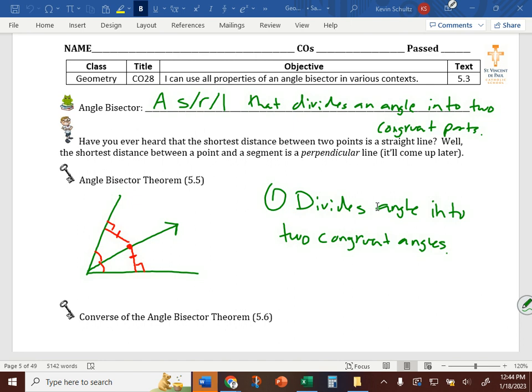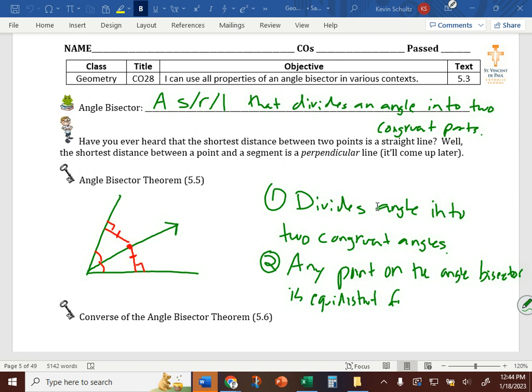I'll move out of the way. Divides the angle into two congruent angles, and number two, any point on the angle bisector is equidistant from the sides of the angle.